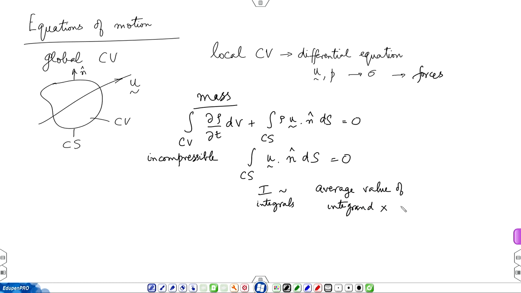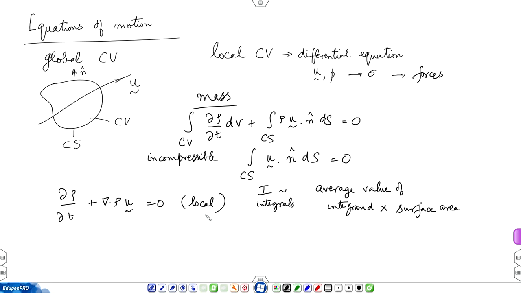we will evaluate the integral as the average value of the integrand multiplied by surface area. This is the global form. The local form was obtained; this is the local form of the mass balance equation, which is applicable at a point and at a time instant.